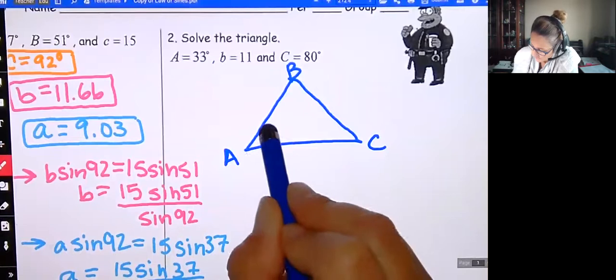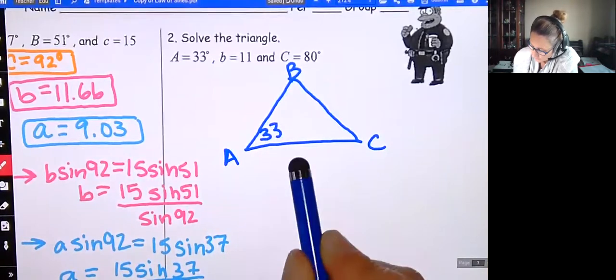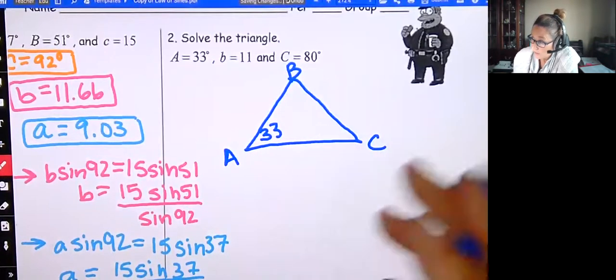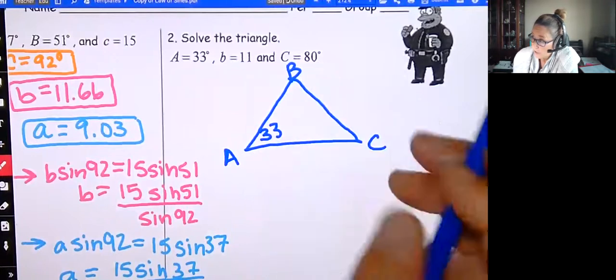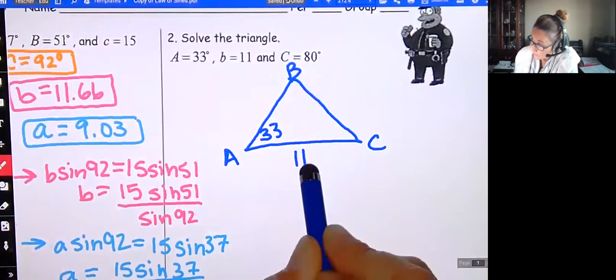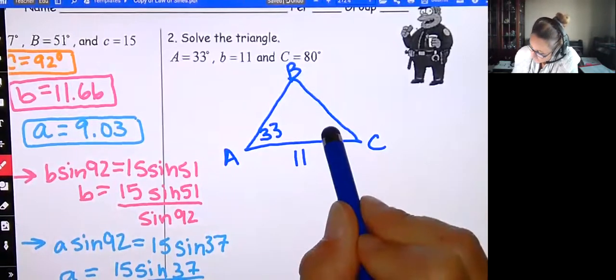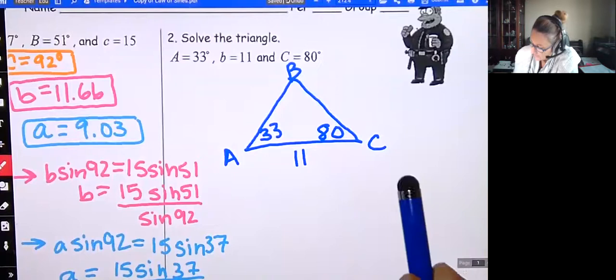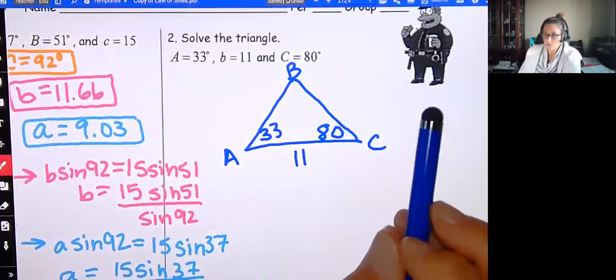I know A is 33 degrees. I don't know angle B. Okay. I know little b, so this is going to go across from my B. And I know that C is 80. And they want me to, again, solve for the triangle.